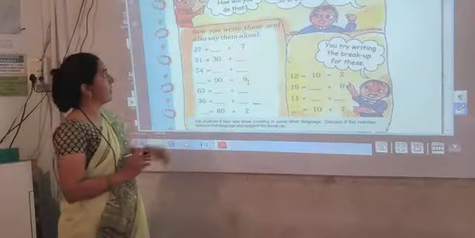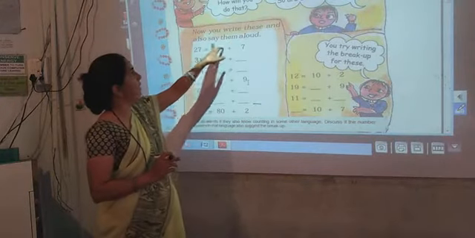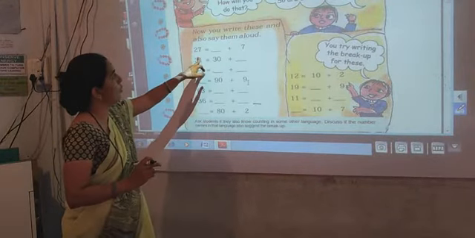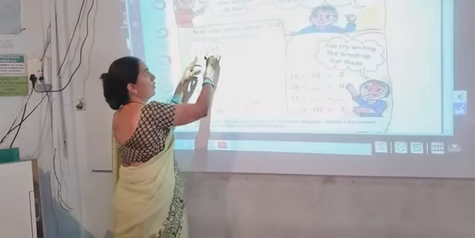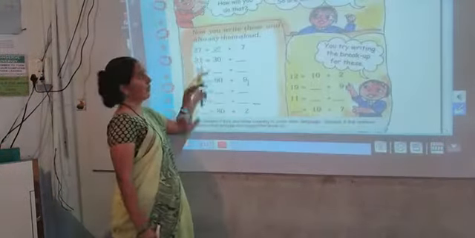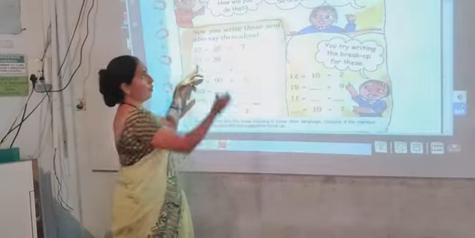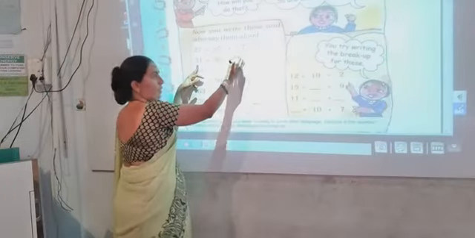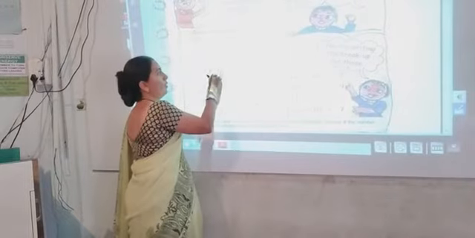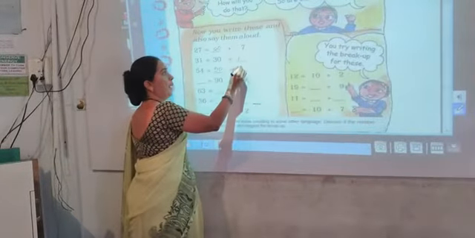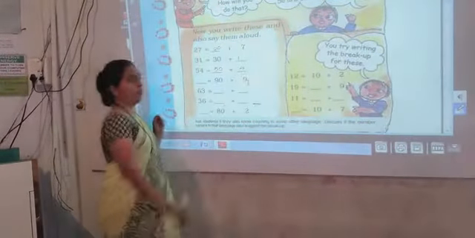So here they have given some numbers for practice. Now you have to write this and also say them aloud. 27. 27 is equal to 20 plus 7. 31 is equal to 30 plus 1. 54. 54 is equal to, yes, 50 plus 4.